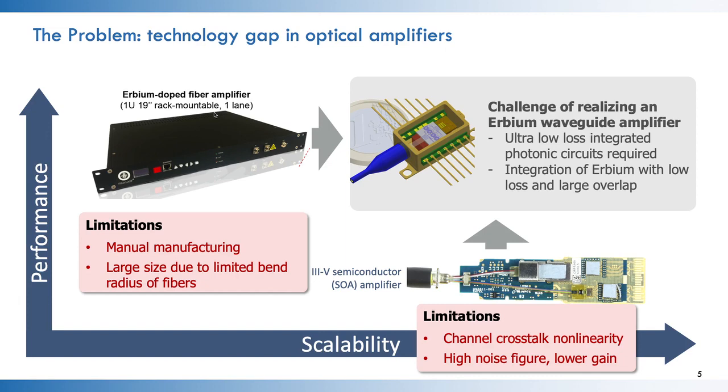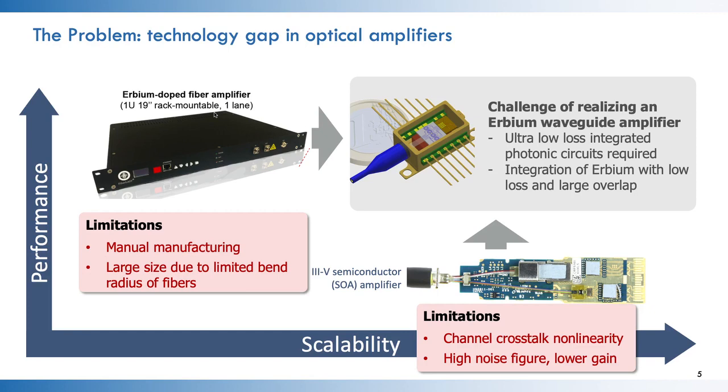Here I provide a different perspective. If you look at the performance, the conventional Erbium-doped fiber amplifier can give you very good performance, but it's still benchtop size, or a small OEM with a smaller size. Looking from the other hand, the widely used semiconductor amplifier is very small and compact, used for the communication transceiver, but it has stronger interchannel crosstalk.